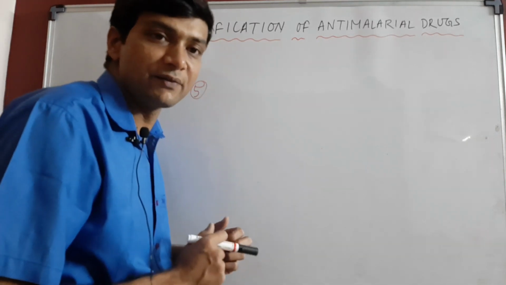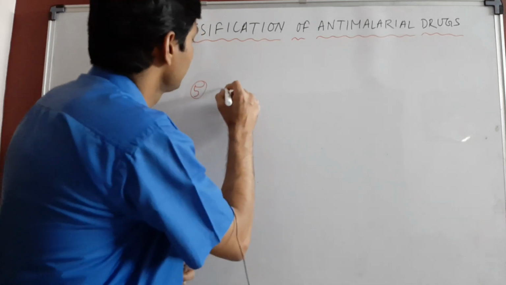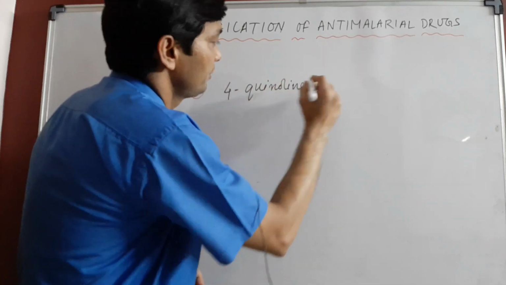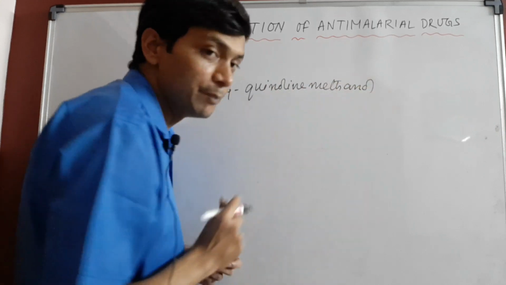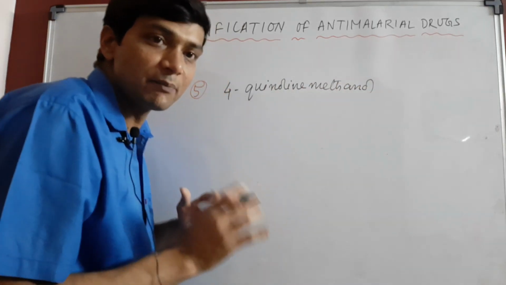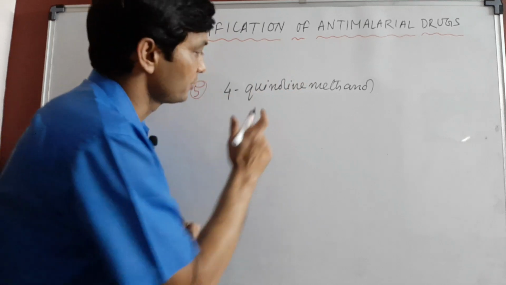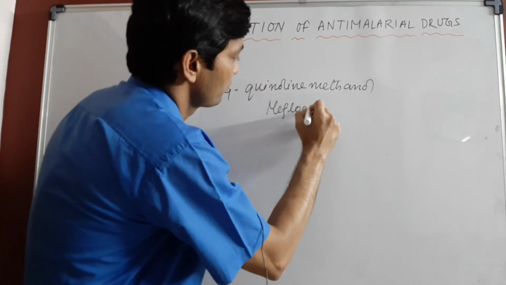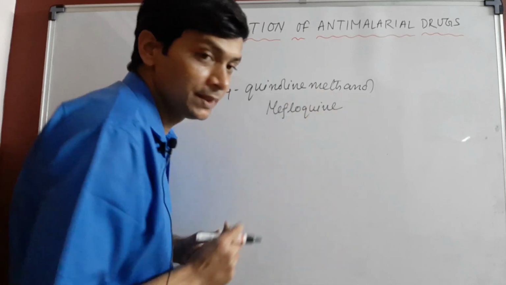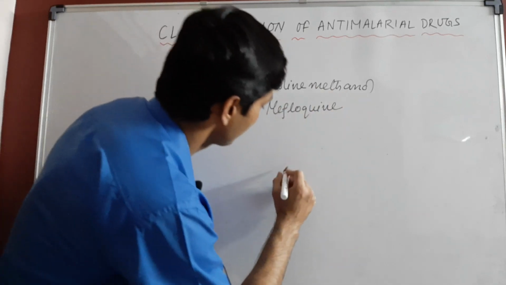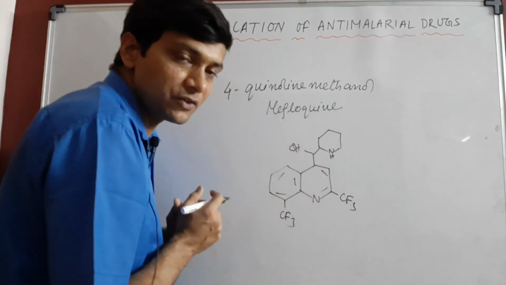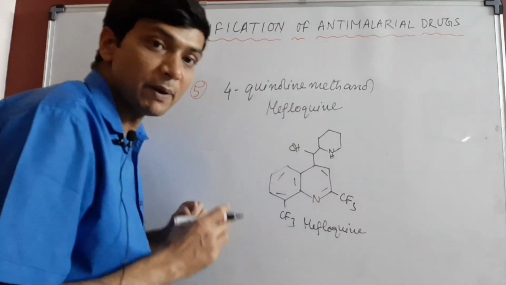The next class of antimalarial agents is the 4-quinoline methanols, and an example of this class of drugs is mefloquine. This is the structure of mefloquine.